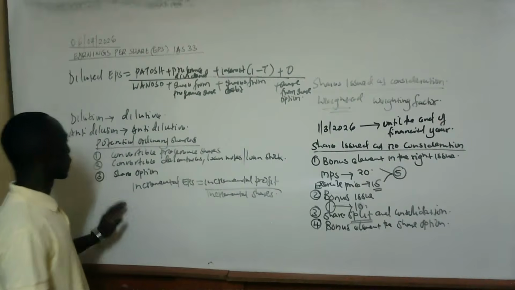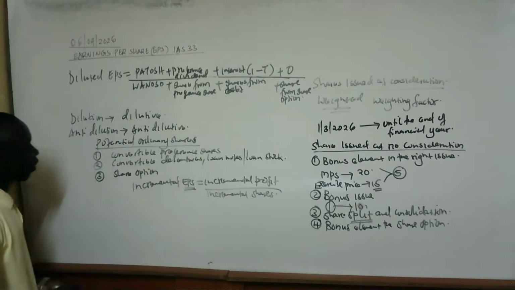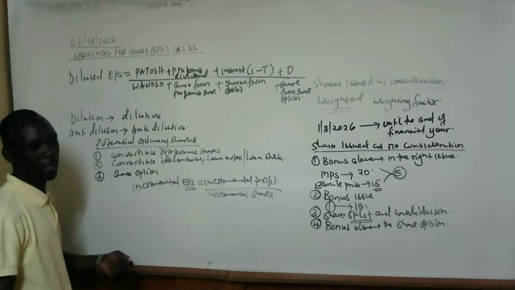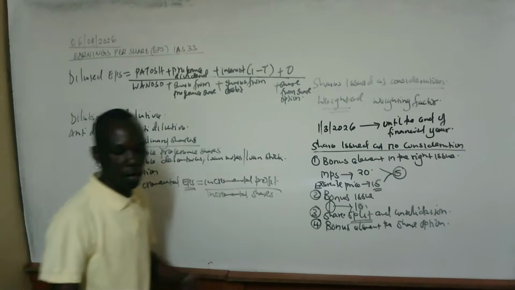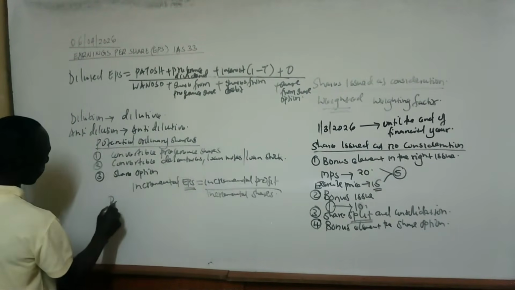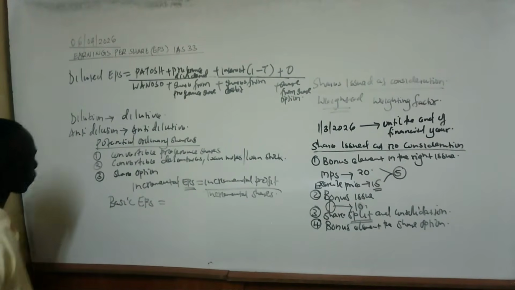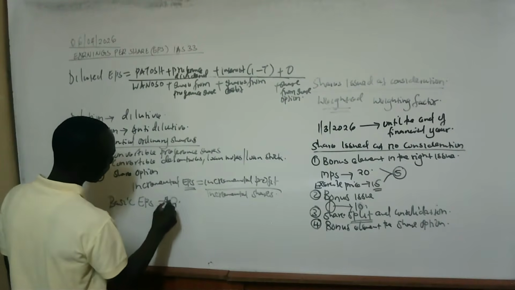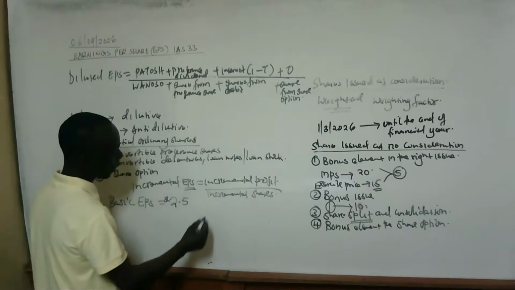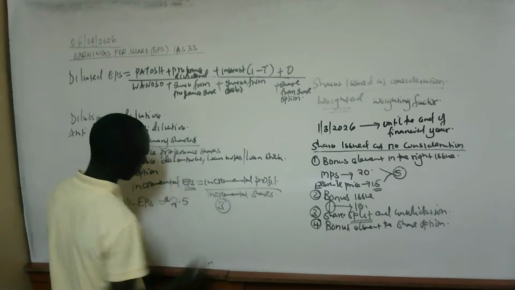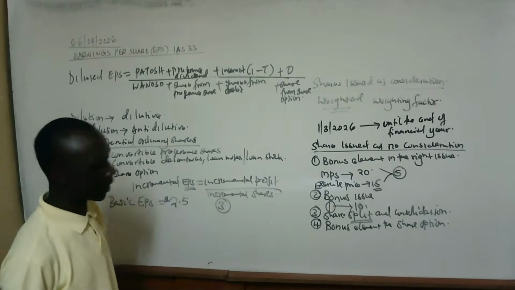In that case, you see whether the value of the share has gone up or down, depending on the basic EPS that you have. Remember, this incremental EPS you are going to compare with the basic earnings per share. For example, let's assume we had a basic EPS of 2.5 shillings, and you have computed your incremental EPS and found it is 3 shillings, meaning there is an increase in EPS.